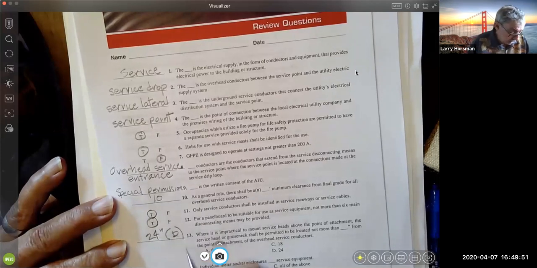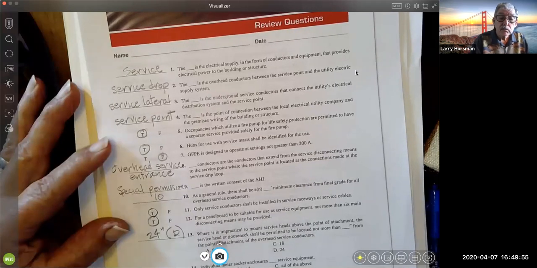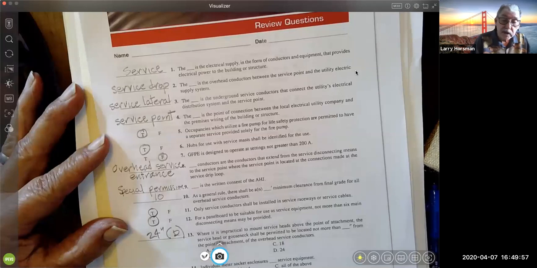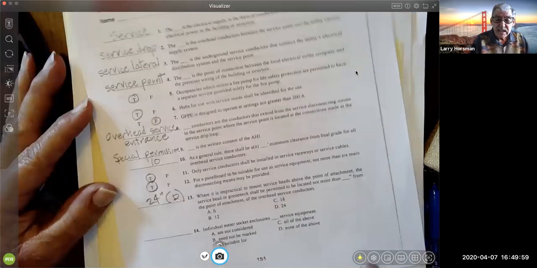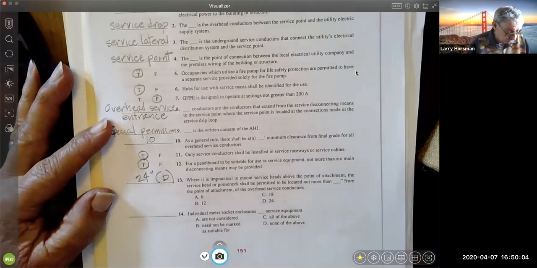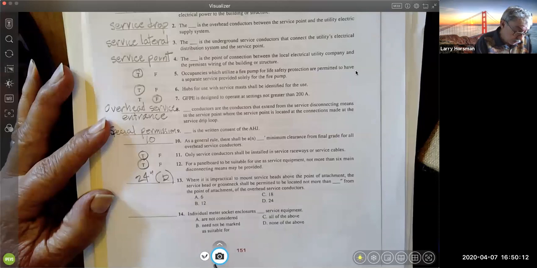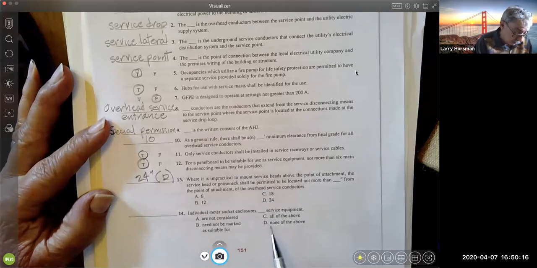14, individual meter socket enclosures. Let me move this paper a bit so you can see. Individual meter socket enclosures are not considered, need not be marked as suitable for C, all the above, D, none of the above.